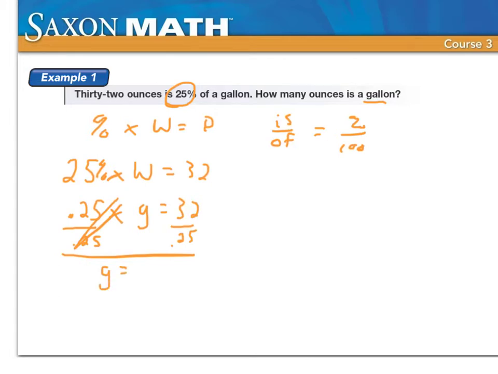Then I need to do 32 divided by 0.25. Well, remember, I have to adjust the decimal, so I'm going to rewrite this as 3,200 divided by 25. 25 goes into 32 once.